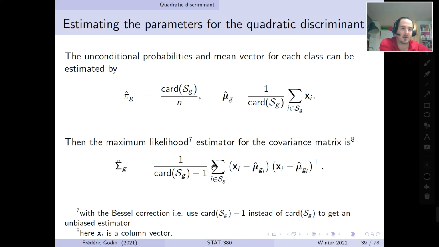This Bessel correction is a topic discussed in, let's say, a Stat 101 class.